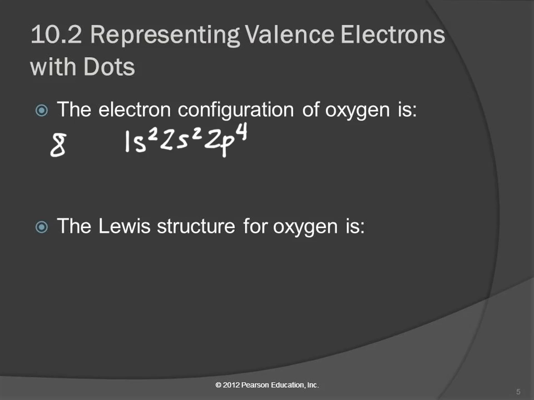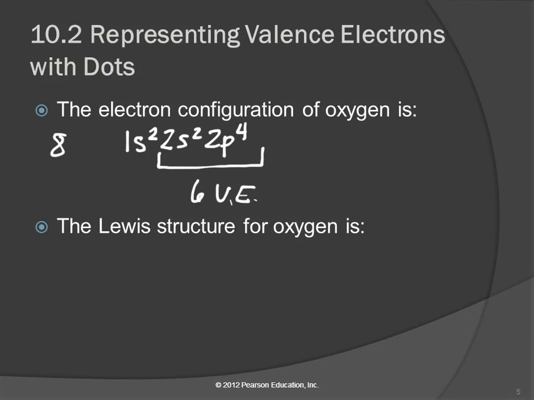We see that oxygen is in period 2, and it's in the 4th box of the p block, right? So that's where we get the 2p4 at the end there. So this is the electron configuration for oxygen. These are the valence electrons, right? 6 valence electrons for oxygen.